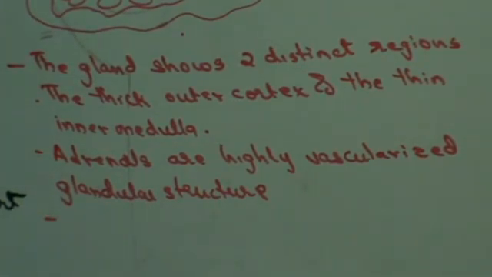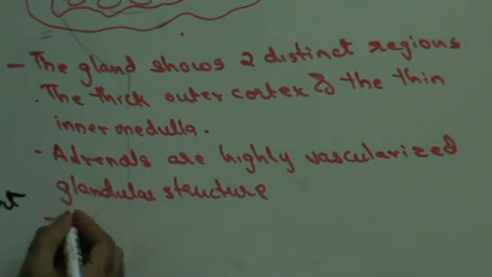Now, the adrenal gland consists of three distinct regions.